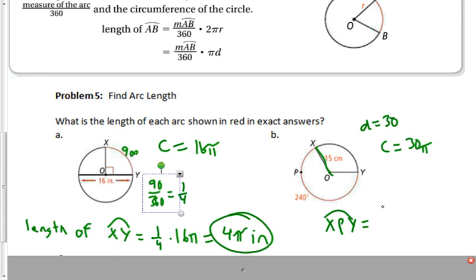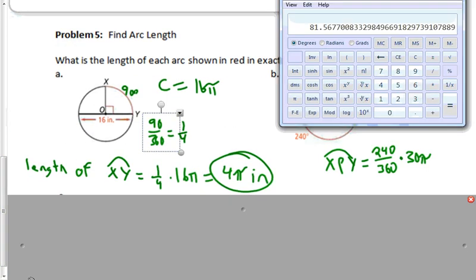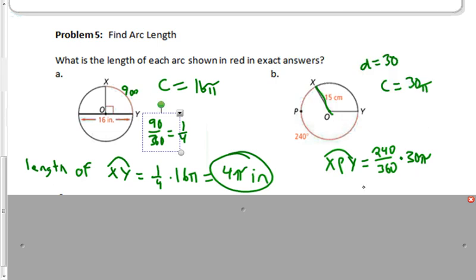We're going to do 240, because that's a 240-degree arc, 240 over 360. So whatever fraction that is, times 30 pi. I'm not sure off the top of my head what 240 over 360 is. Oh, that's 2/3. So that would be 2/3 of 30, which would be 20 pi centimeters. All right. And that's how you find the measure of an arc.